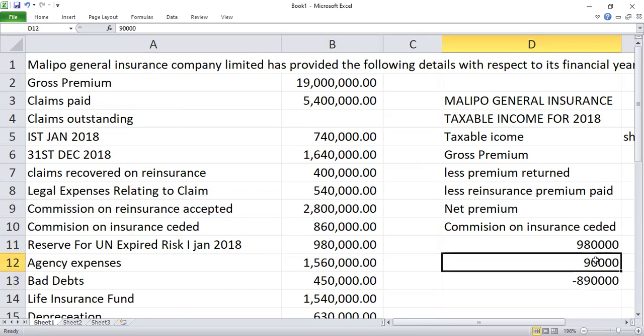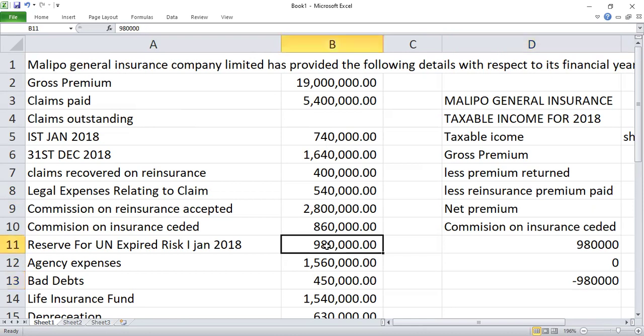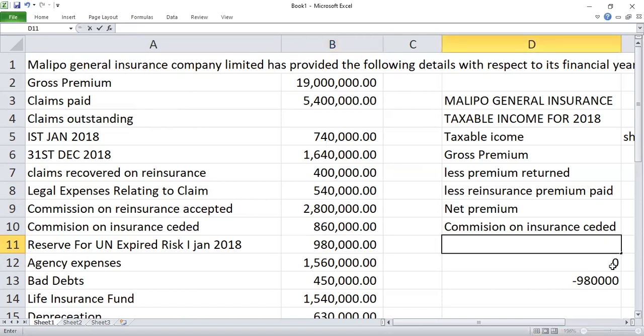But now for this case, we are not being given the reserve at 1st December, so we call it zero. Then we have an income of 980,000. The whole of this 980,000 will be an income, because we are not given the reserve as at 1st December. Now we assume that the reserve for risk has decreased to zero. So if you take 980 minus zero, you will get 980,000. That's how we are going to do that.